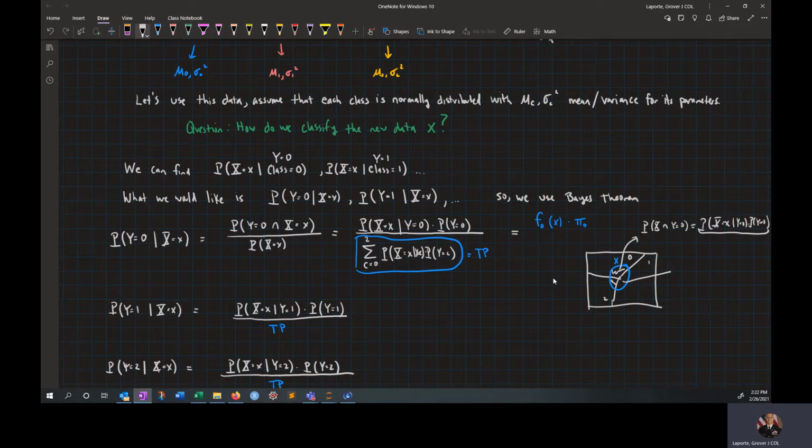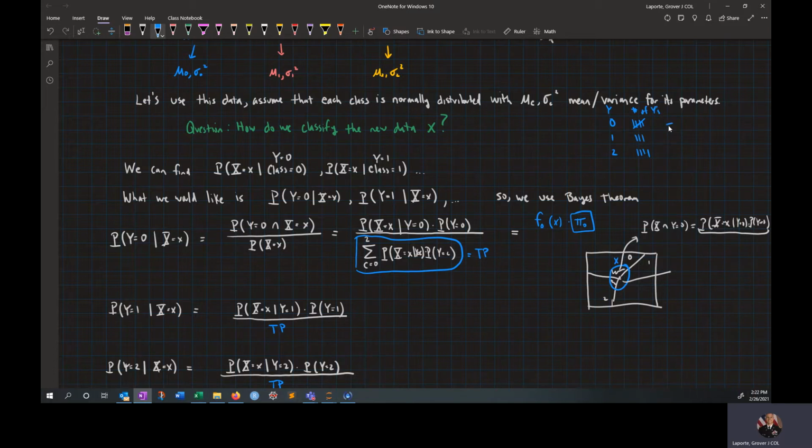Let's see here. The next one is, well, how do I find this pi 0? Because what I'm trying to figure out is, what's the probability that y is equal to 0? So the way you do that is, just suppose we had 3 classes, 0, 1, and 2, and you've got no other information other than the number of observations in each. Say the number of zeros is 5, the number of ones is 3, and the number of twos is 4. These are my y's.